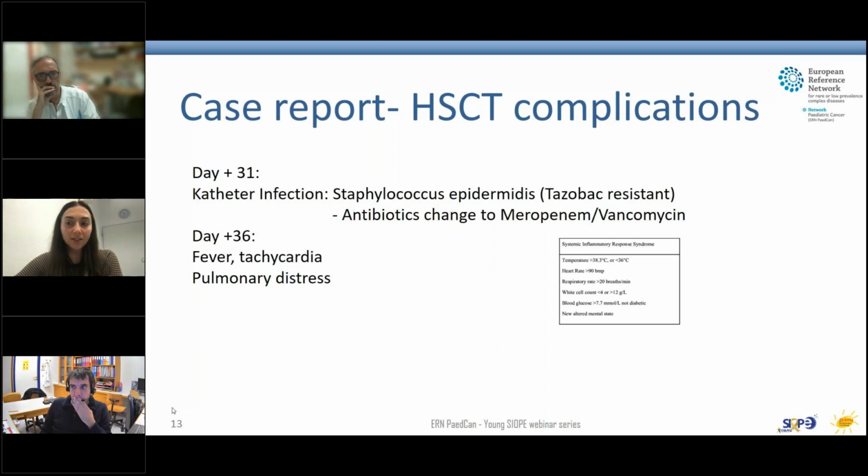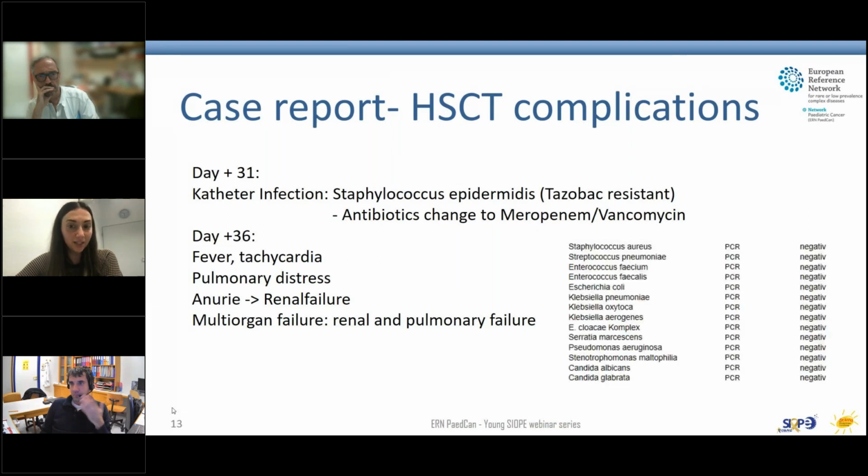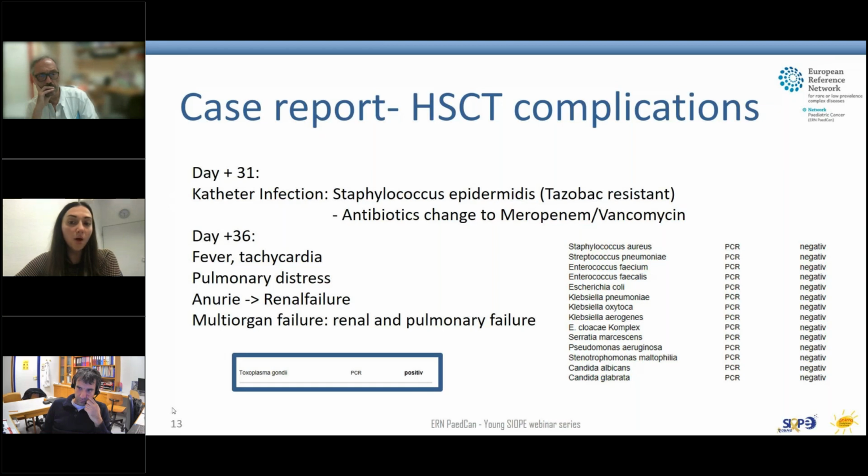We also conducted the NGS panel and a PCR for different bacteria, but everything was negative. The only positive result was Toxoplasma gondii, and that could be, but we're not pretty sure if that was the reason that unfortunately led to the death of our patient.